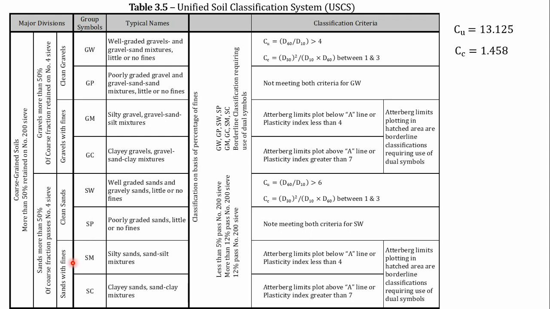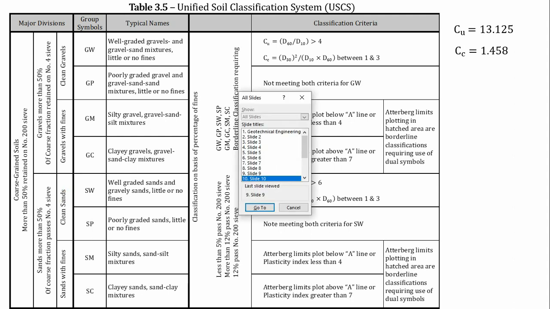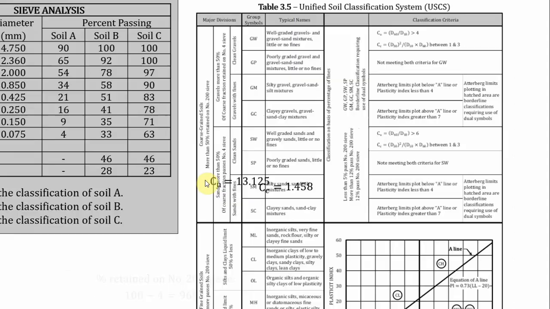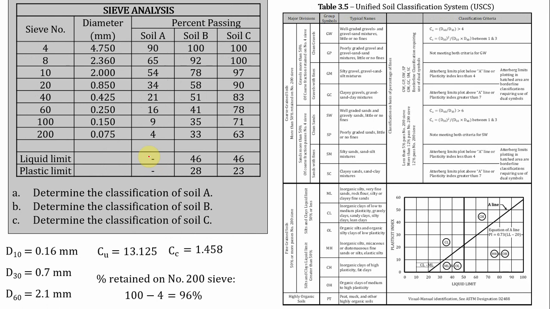Dito class sinabi, more than 50% of coarse fraction passes the number 4 sieve. So titingnan natin. Balik lang tayo sa problem class. Yung sieve number 4 class, ito yon. And then yung percent passing niya is 90%.